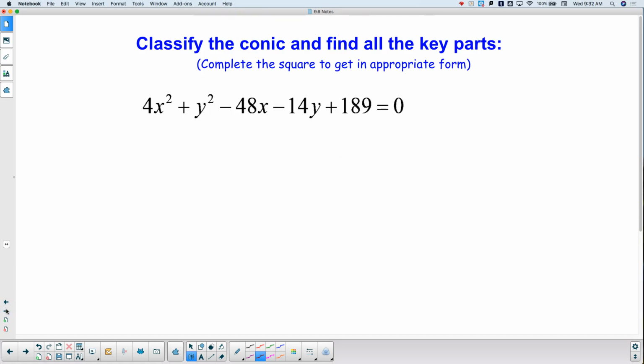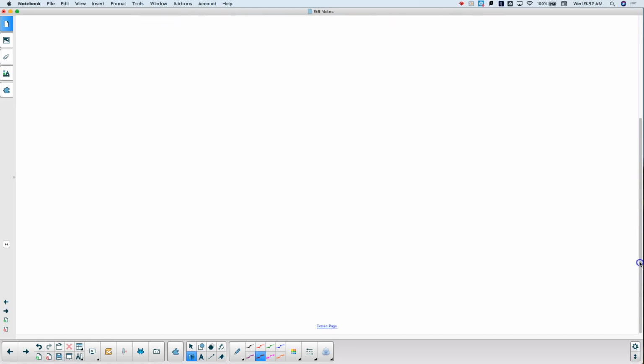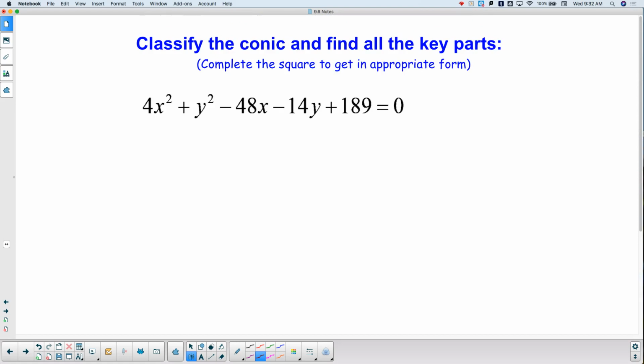Now, where we're going with that is I want us to classify this conic section. I want us to find all the key points. Oops, I guess I took out the graph too. And eventually, I want us to graph it. But we'll wait till tomorrow to do the graphing ones. Alright? So first off, let's classify it.